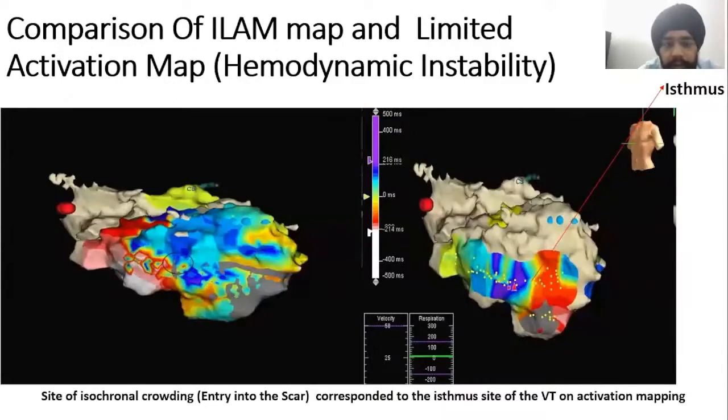When we compared the isochronal late activation map and the activation map of VT2, one could see that both areas were adjoining. This was the area of isochronal crowding, this was the area of latest isochrone, and this was the area of the isthmus. All of these were at the border zone of this scar.